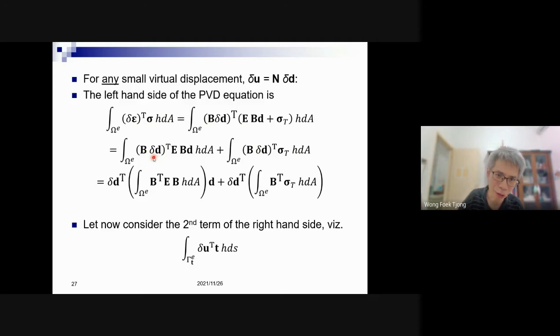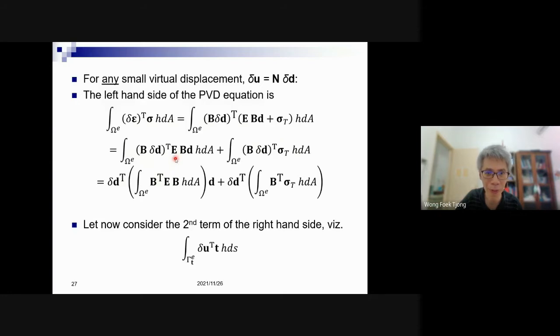For sure delta D is constant because it doesn't depend on the position in the coordinate, so we can take it out of the integral, delta D transpose. B, in this problem, is constant, so we can take it out of the integral, but in general, later when you learn finite elements other than CST, B may be a function of coordinates. So let's take it inside, don't put it outside.